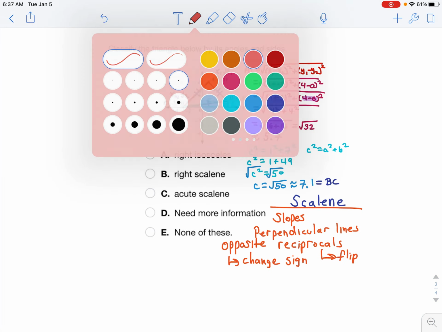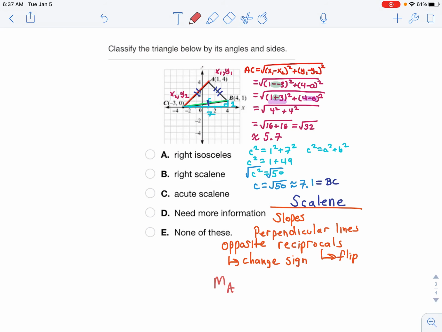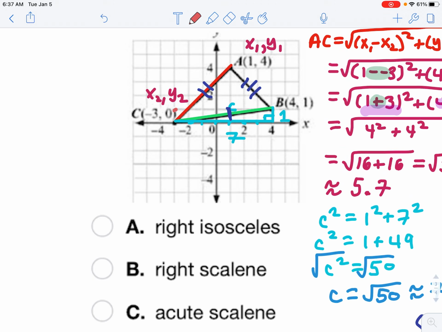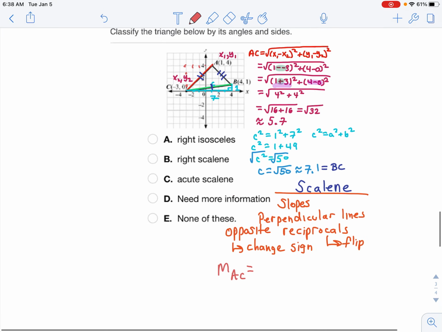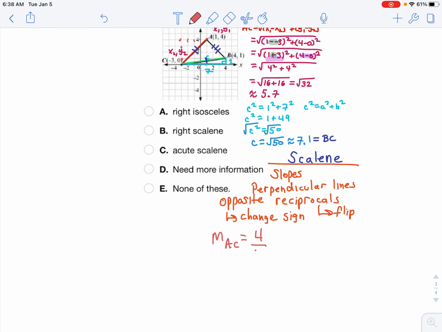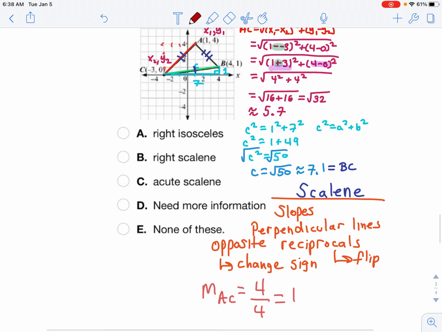So for this one, the slope of AC is, we'll just count it, rise over run, 1, 2, 3, 4, 1, 2, 3, 4. So we went up 4 over 4, so that number is also known as 1. And then for the slope of AB, remember rise over run, so down 1, 2, 3 over 1, 2, 3.